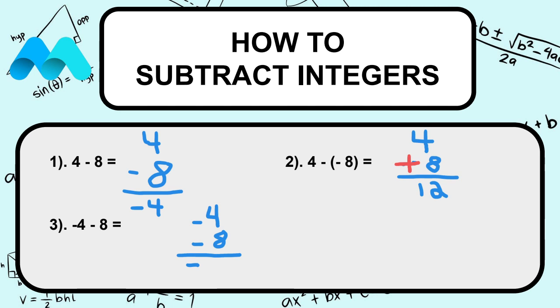So when I do that, again, I don't want to make any mistakes about what operation I'm doing. I'm going to erase this negative sign. I'm going to make this a positive, make this an addition sign, and then I'm going to solve. 4 plus 8 is 12. I already have my negative sign down there. I don't need to worry about rewriting it. -4 minus 8 is -12.